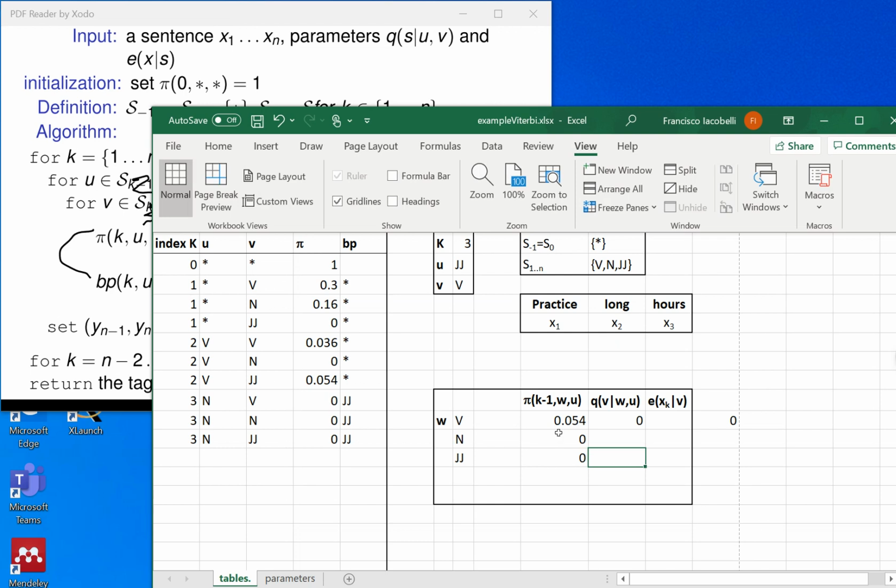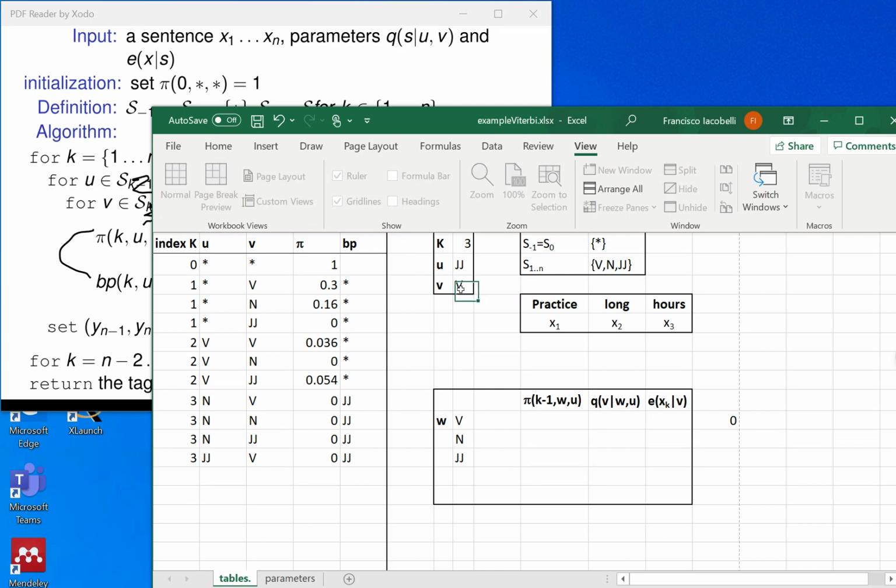So these are all zeros. So the pi of 3 JJ V is 0. The tag is going to be JJ. Why? Because I randomly pick a tag, because no value here was bigger than any other value. They were all zeros, so I just pick whatever tag works. All right.